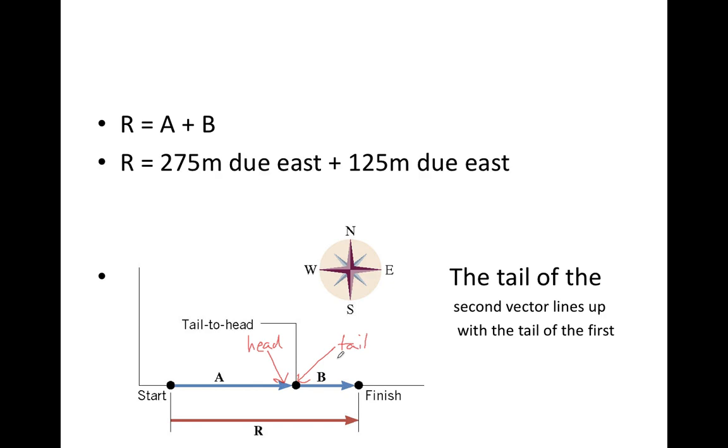They're both east, so they just add together. And the resultant vector is drawn from the beginning of vector A to the end of vector B, the start to finish. And that vector is 400 meters due east.